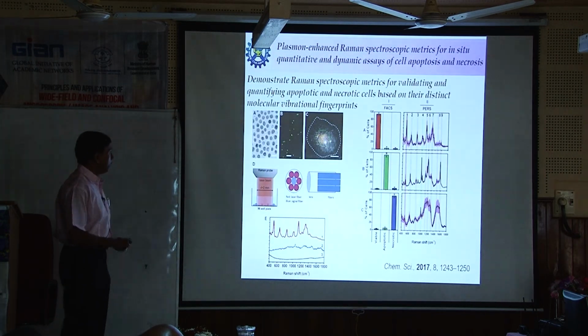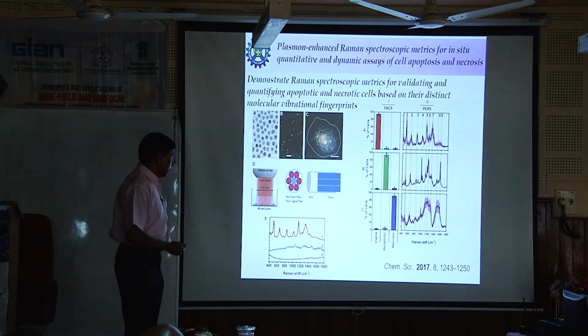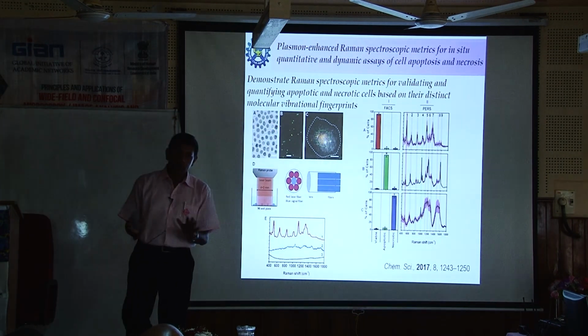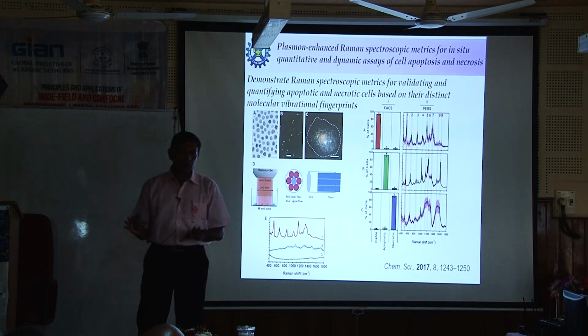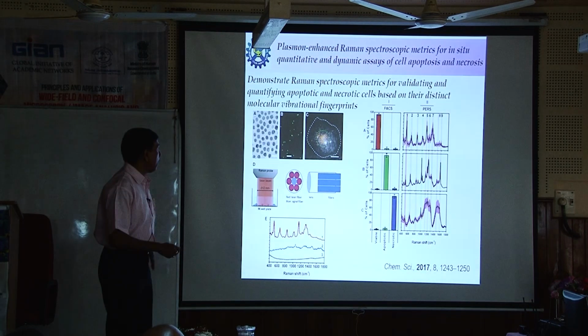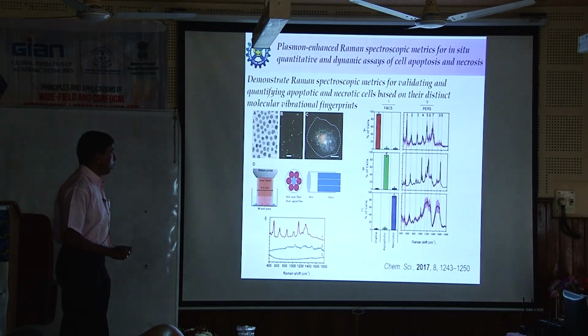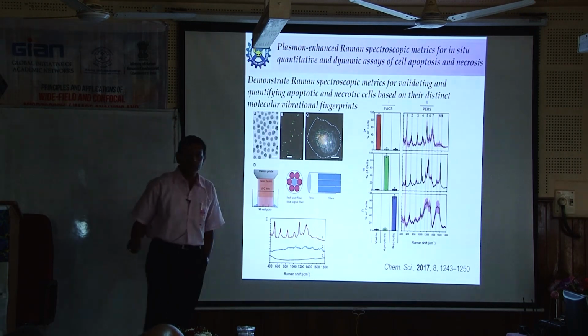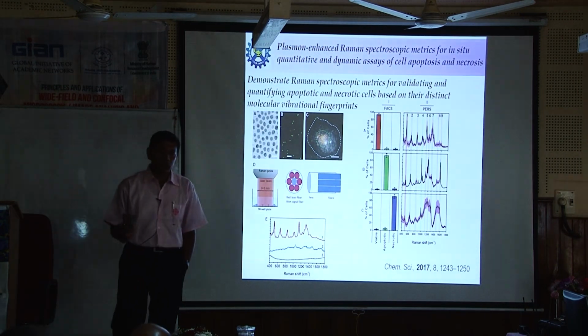And this is another nice work. You know that two things happen, apoptosis and necrosis. So, how do you judge apoptosis and necrosis? That can be done through FACS, and this is PERS. PERS is called plasmon enhanced Raman spectroscopy.